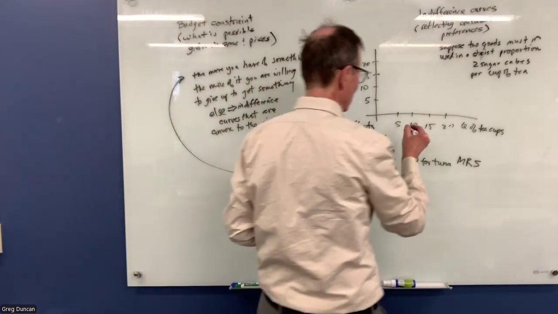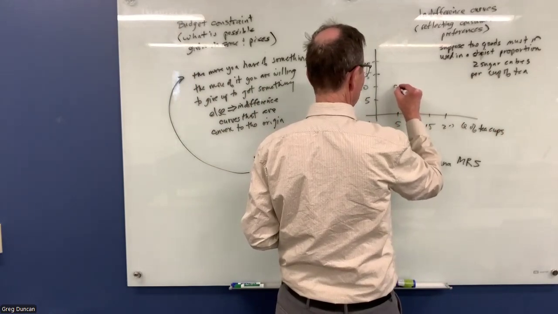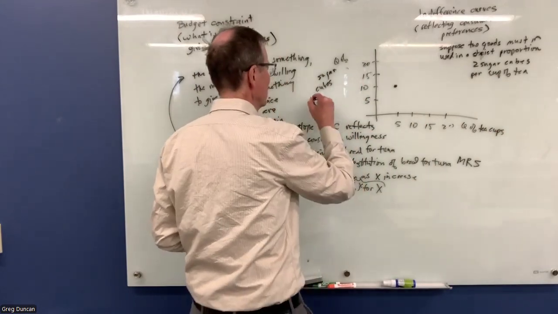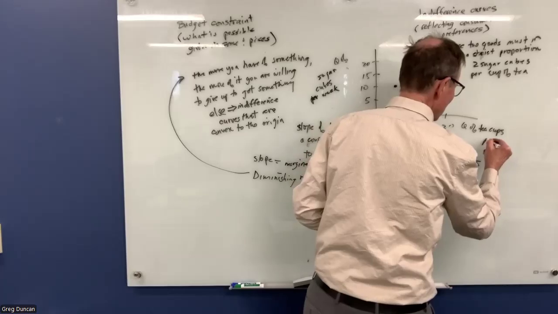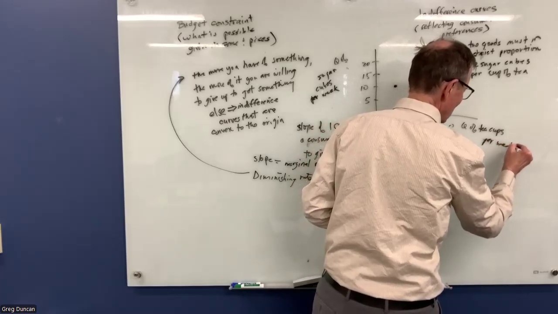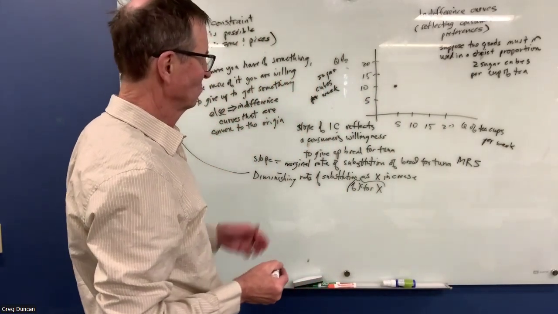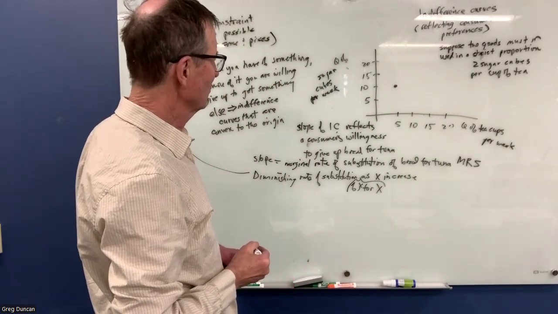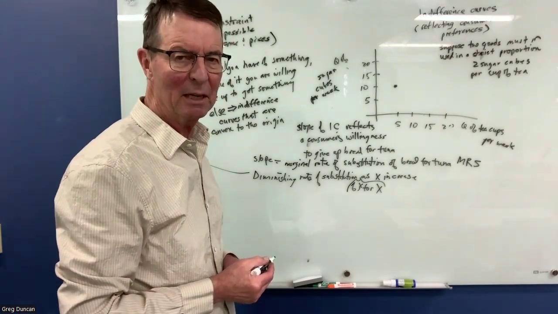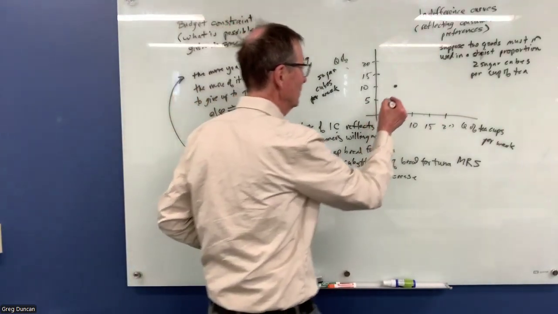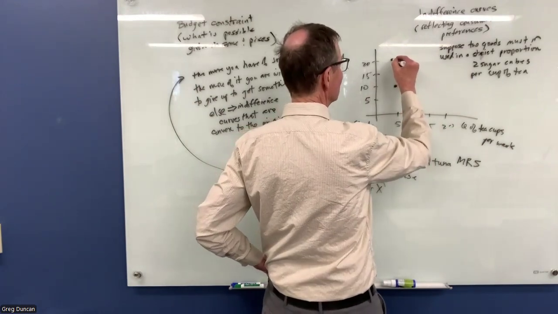So if we've got, let's say, 5 cups of tea per week and 10 sugar cubes per week, and we offer someone 5 cups of tea and 20 sugar cubes, they're going to throw 10 of them away. They're not going to be any better off. So they're going to be indifferent between 5 and 10 and 5 and 20.